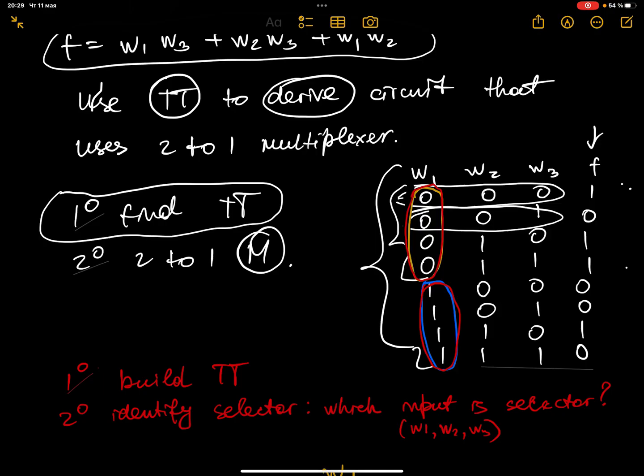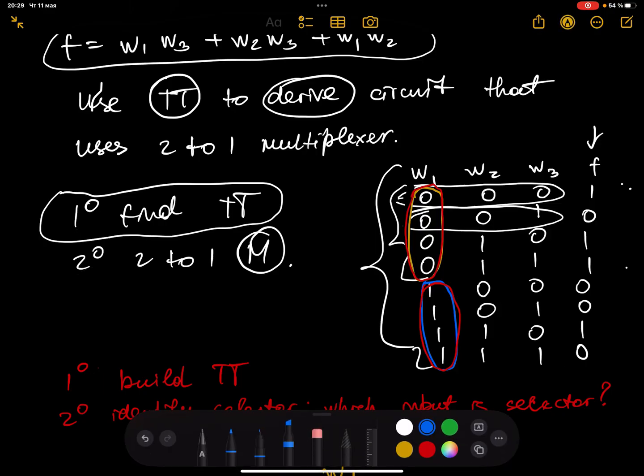In the first case, when W1 is 0, we have W2 and W3. Using these inputs, we're going to build the circuit.